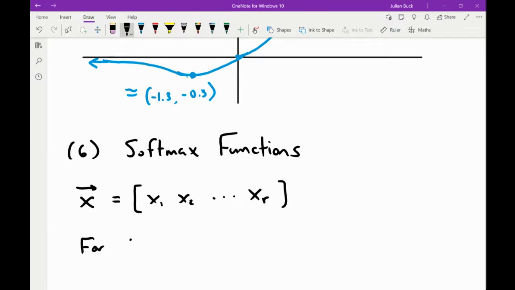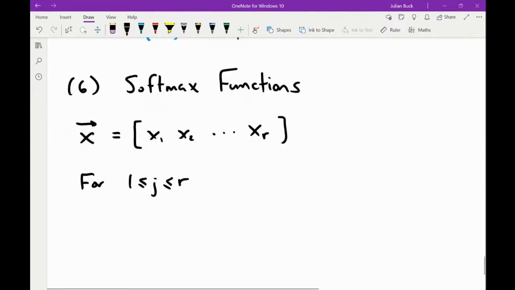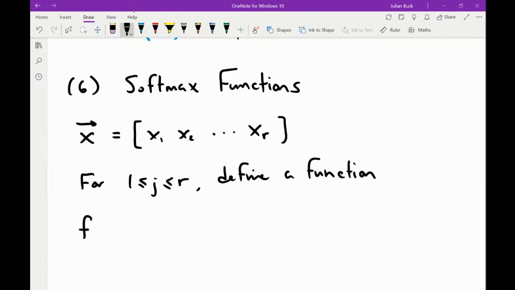So then for every choice of j between 1 and r, define a function. So we'll have a bunch of individual functions, call it f sub j, and what does f sub j do to the target vector x?